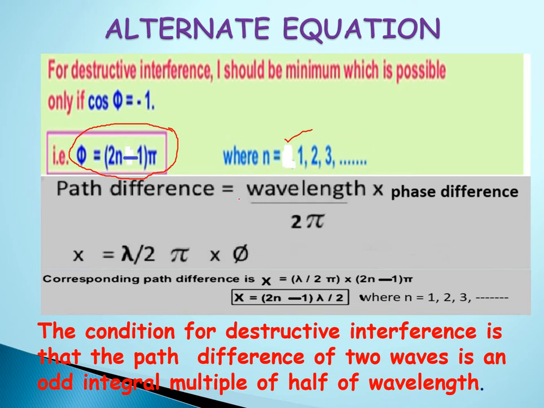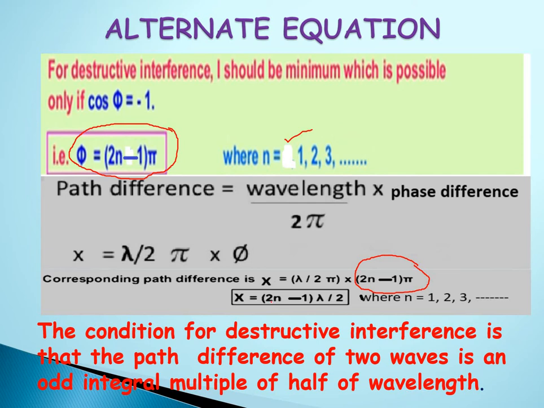So here again, path difference is equal to wavelength by 2 pi into phase difference. Again, corresponding path difference is equal to lambda by 2 pi. In the place of phi, we will be substituting (2n minus 1) pi. So we will be getting the equation (2n minus 1) into lambda by 2, where n is equal to 1, 2, 3.